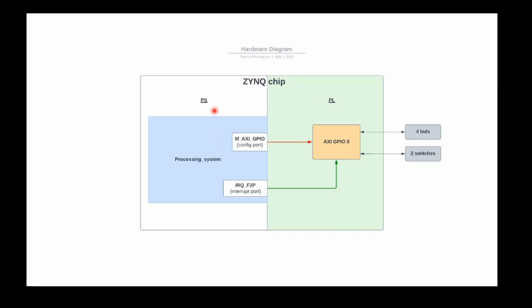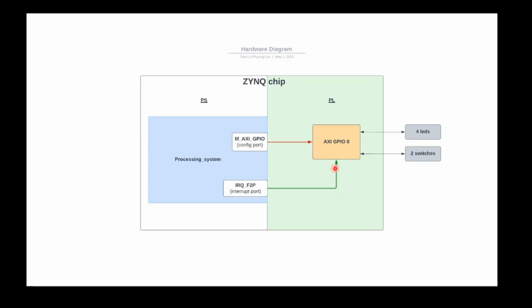In the processing system, we will create a block named processing system block, and in the programmable logic, we just need one block, which is the AXI GPIO 0, and we will configure the AXI GPIO 0 to connect to the 4 LEDs and the 2 switches. Because we want to use this hardware design for both the poll mode and the interrupt mode software development, we need to set up the interrupt.